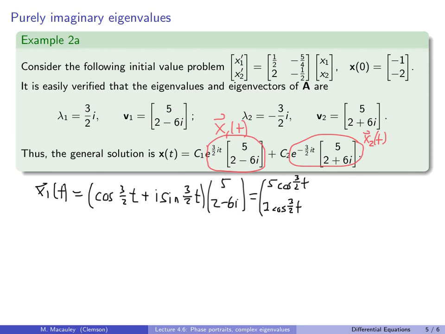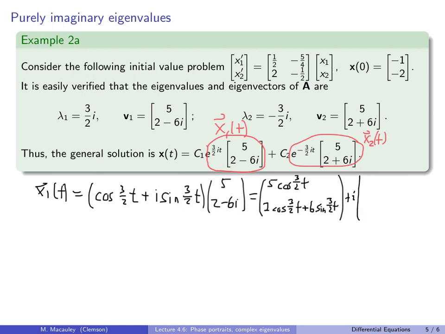But we're also going to have a real part from this i sine of 3/2 t times negative 6i, because i squared is negative 1. So that's going to be plus 6 sine of 3/2 t. That's the real part. Now the imaginary part is going to be plus i.